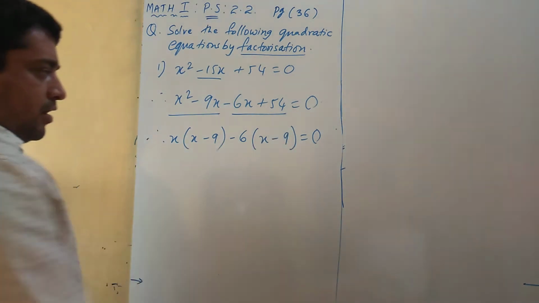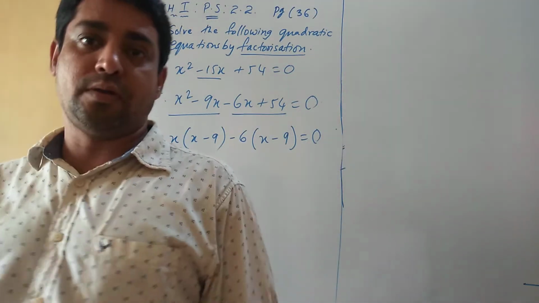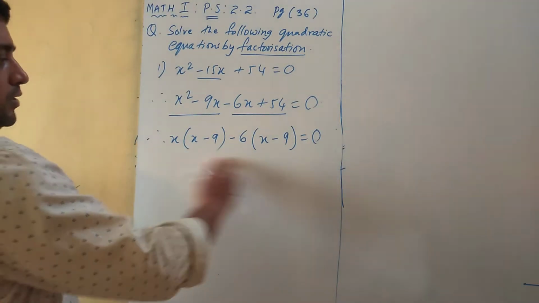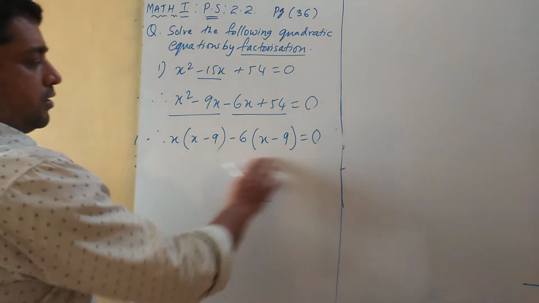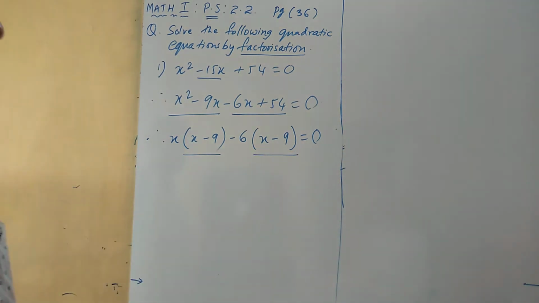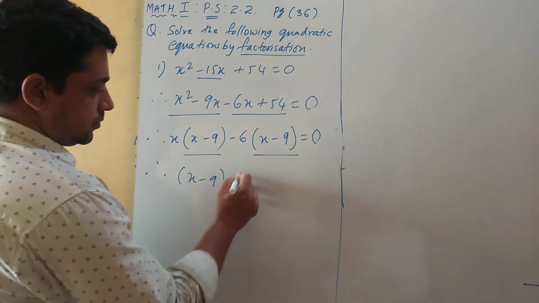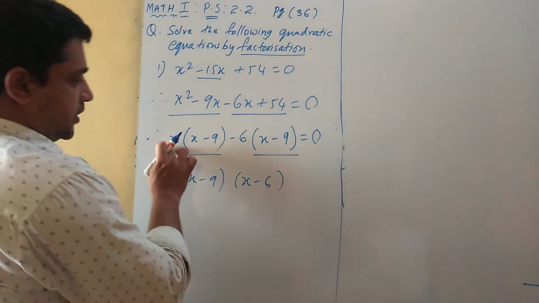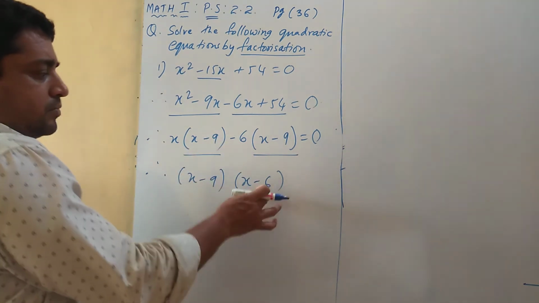Now again you'll find something common. Here you'll find a binomial common in both the terms. You've got 2 terms now, not 4 terms. So here, what is common? This binomial x minus 9 is common. So therefore x minus 9, and the second factor actually will be x minus 6.